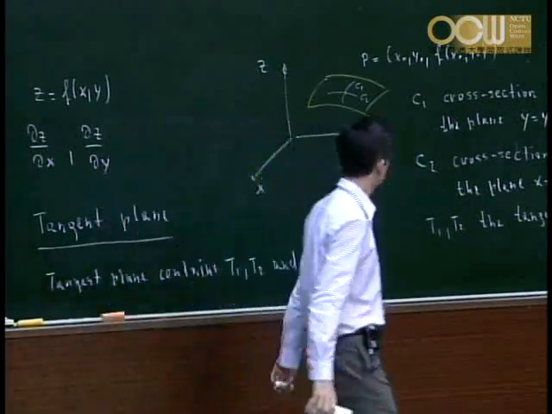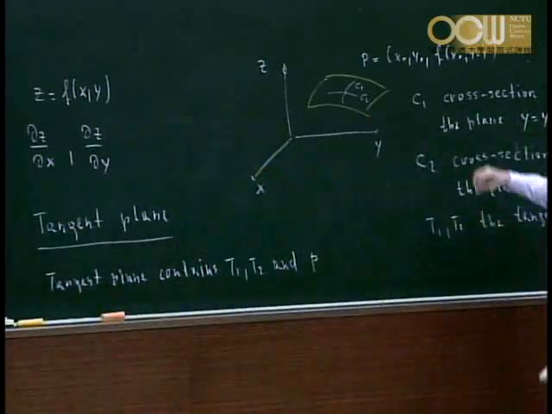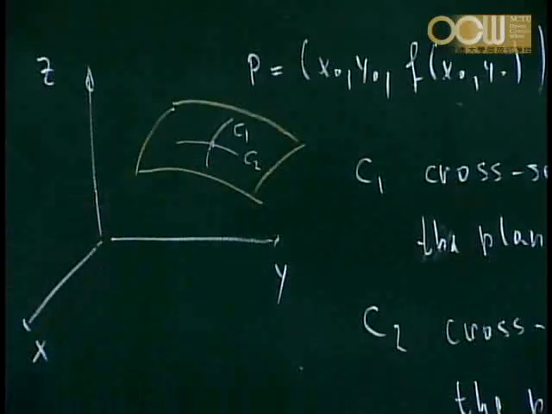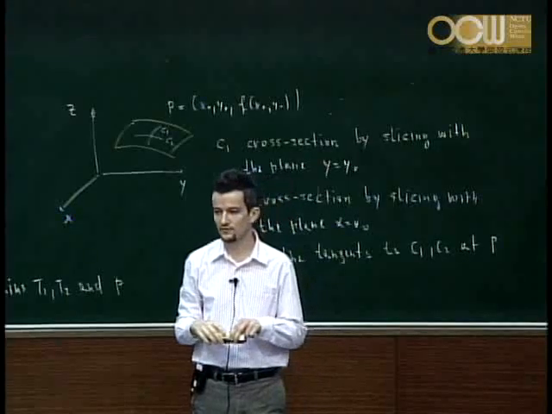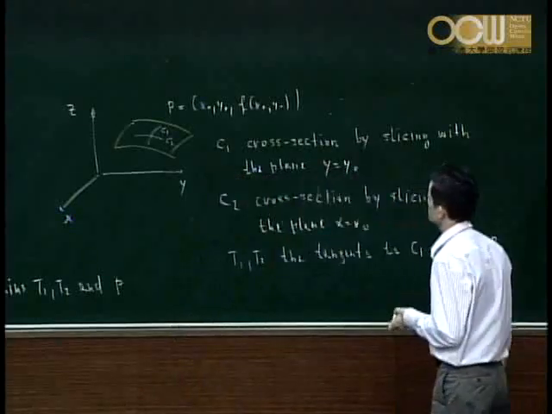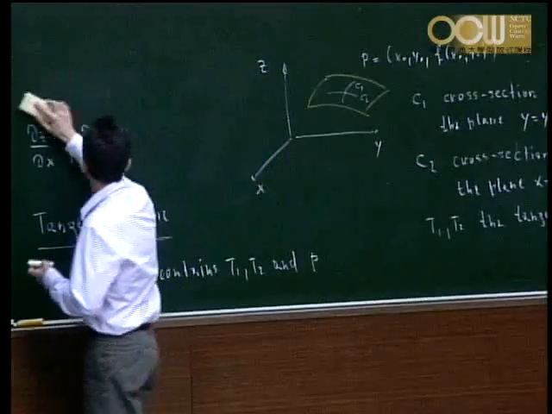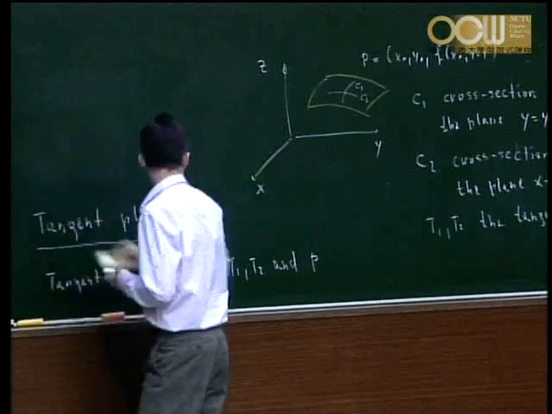Now, computing the tangent plane. You can imagine it as sitting on the surface at this point P, similar to the tangent in the case where we have a function of one variable. The computation of the tangent plane, of course, is not very complicated. Maybe let's write this here.